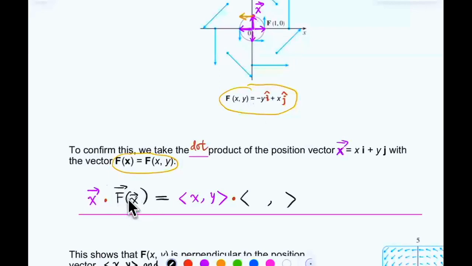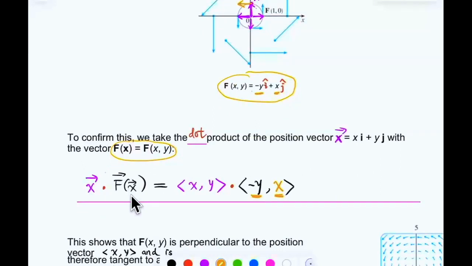Negative y. Yeah, so that's negative y. And then this one here is x. Take the dot product, and that's equal to negative xy plus xy. So that's equal to 0. So the dot product of these two equals 0.